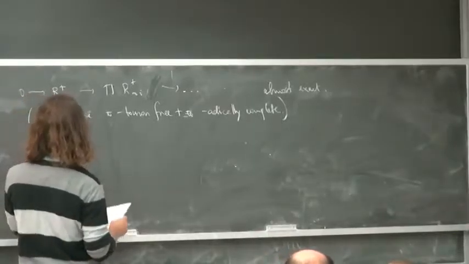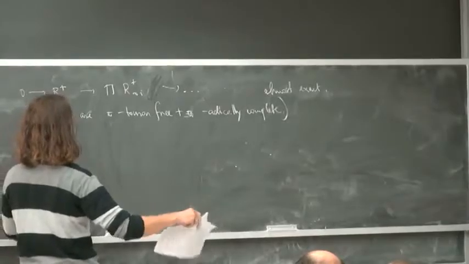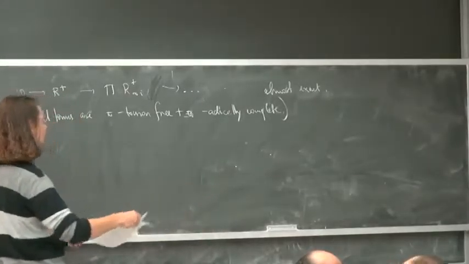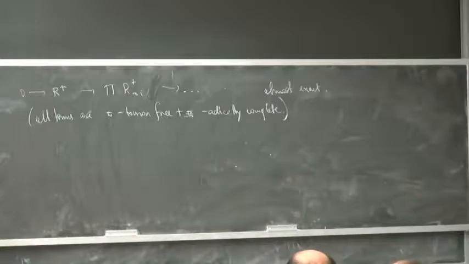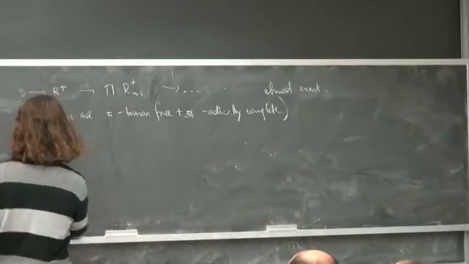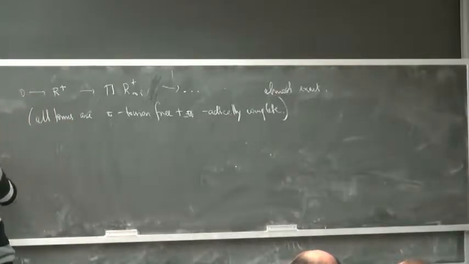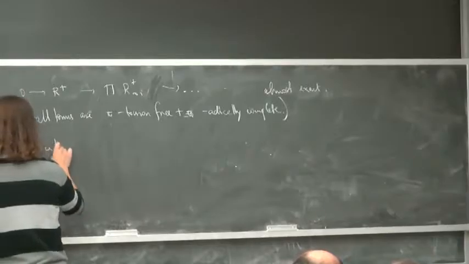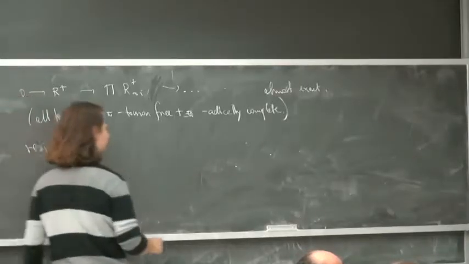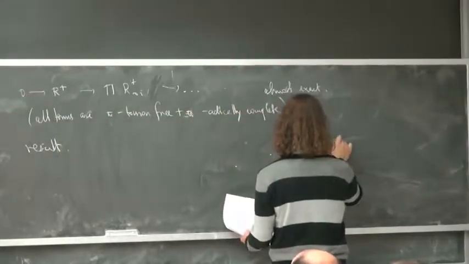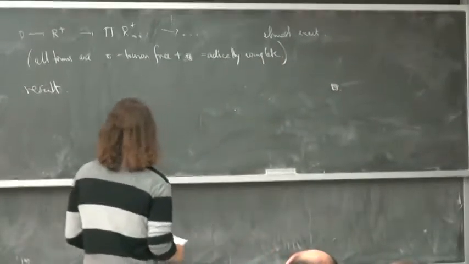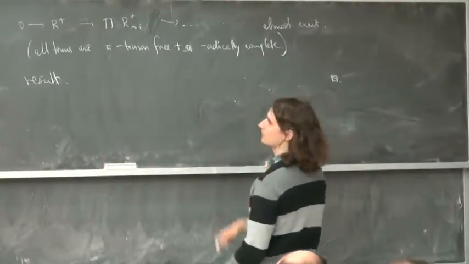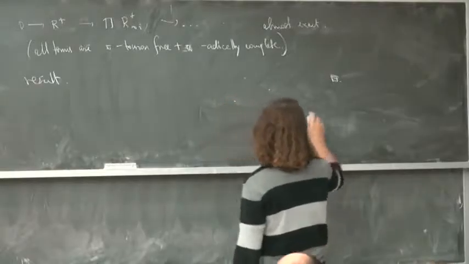If I do it in the almost world, it's really like an exact complex, and all terms are complete and pi torsion free and so on. And so then you invert pi and get the result. So the result of this thing is the essential point.